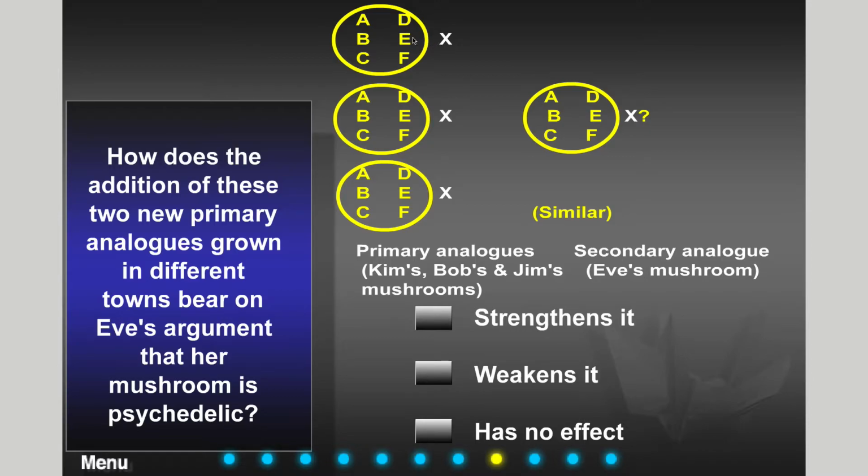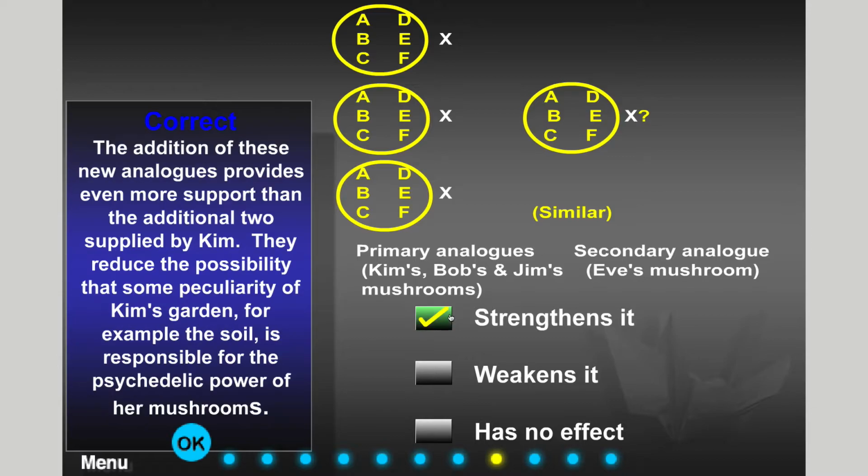Then the fact that they're grown in different places and have these 6 similarities and produce that is going to make it more likely. So it strengthens that argument, right? So these 2 new analogs add more support, right? So it's not that Kim's garden is peculiar, but in fact, there's something similar going on, okay?